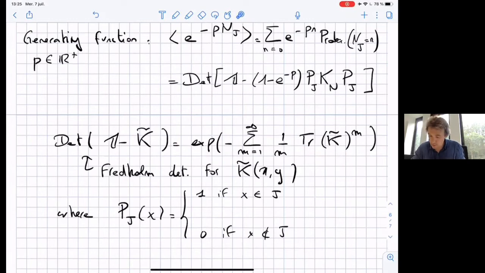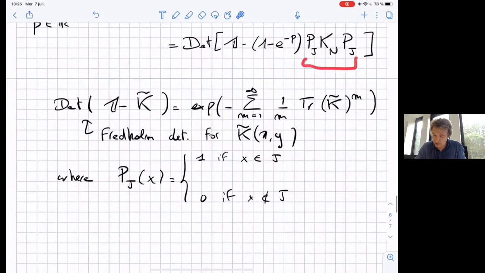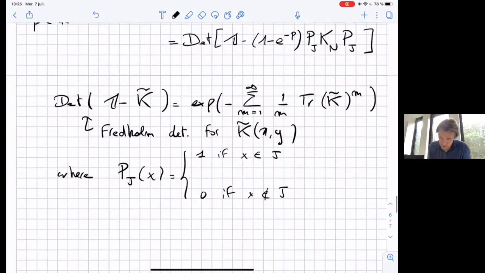So I will raise this guy to some power and take the trace. Let me just show you how it works with this projector, as an example.